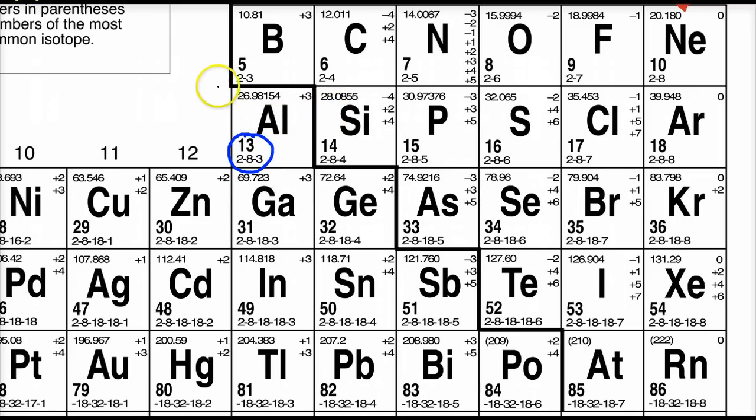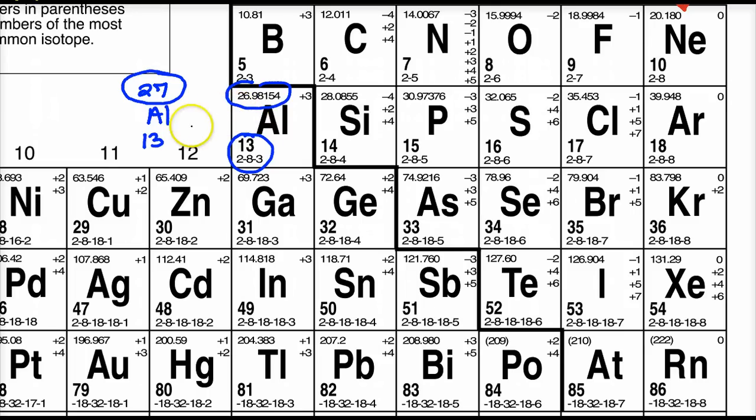Now, just for fun, this number 26.98 rounds off to 27. You've been probably taught to round that number off, and for good reason, because that is the most abundant isotope that exists in nature. If you're doing the weighted mass problem, you'll know that most atoms have over 20 isotopes, different forms, which means different number of neutrons.